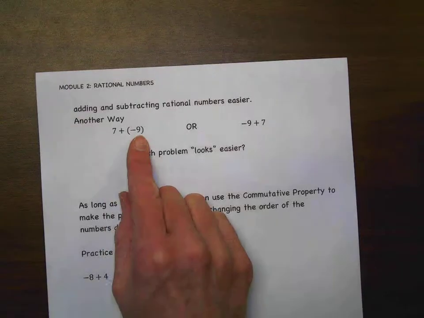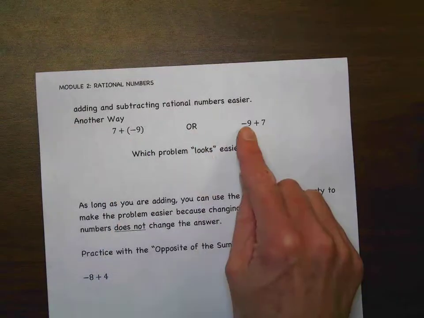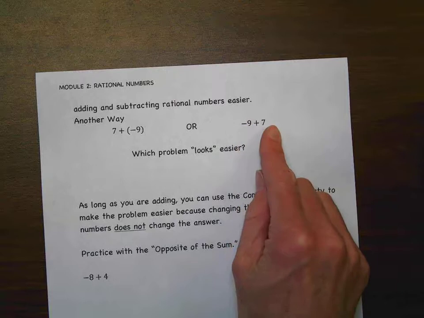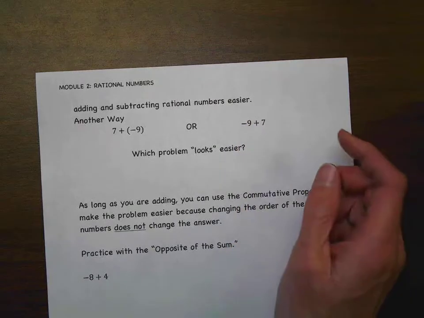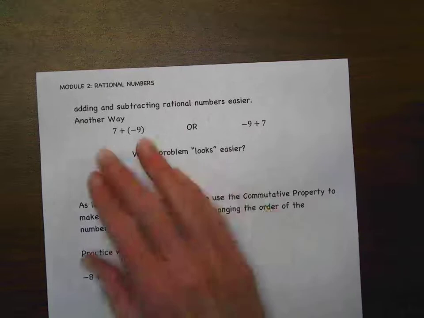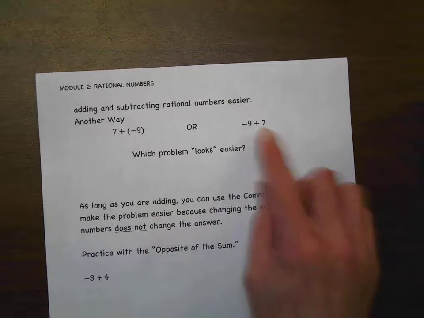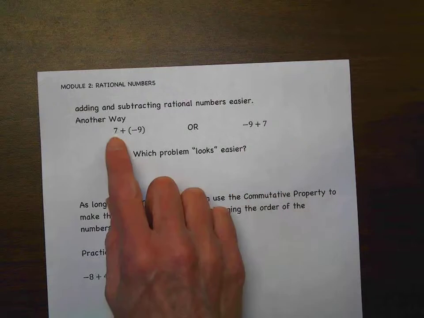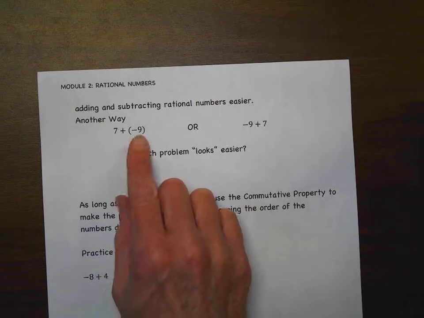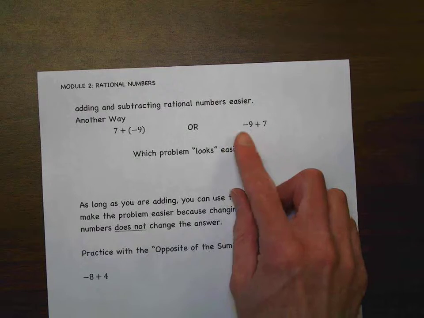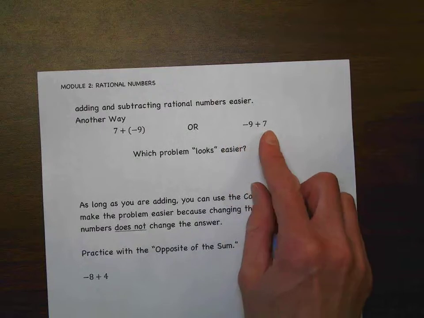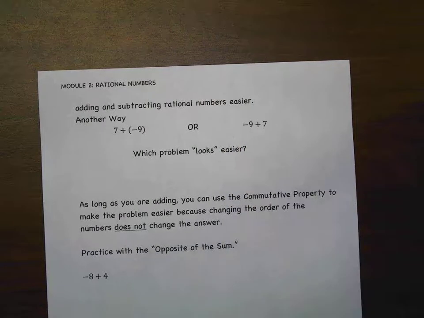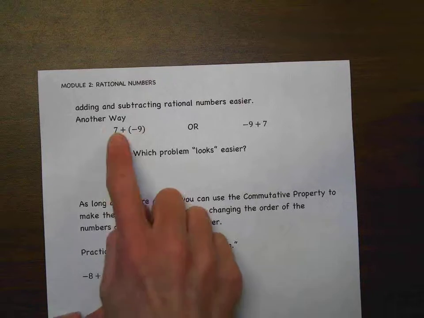So we have 7 plus a negative 9 or a negative 9 plus 7. The answer is, we did exactly what they said, right? And so what you're going to do is figure out which one looks easier. So for me, if I see 7 positives plus 9 negatives, or I see 9 negatives plus 7 positives, it just depends truly on what your preference is.